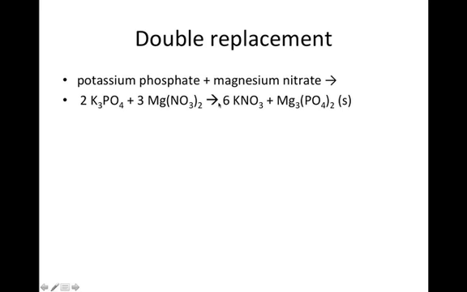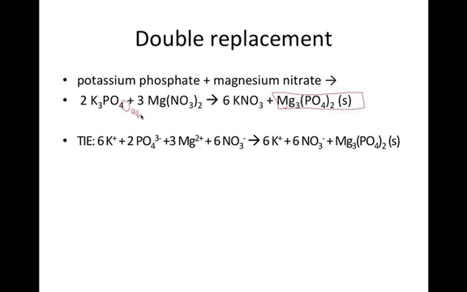So we have magnesium phosphate as our precipitate. And so when we split this up into an aqueous solution, everything's going to split up except for this. And I should note here that in this PowerPoint presentation, if I do not indicate what the state of matter is, we are assuming that it is aqueous.